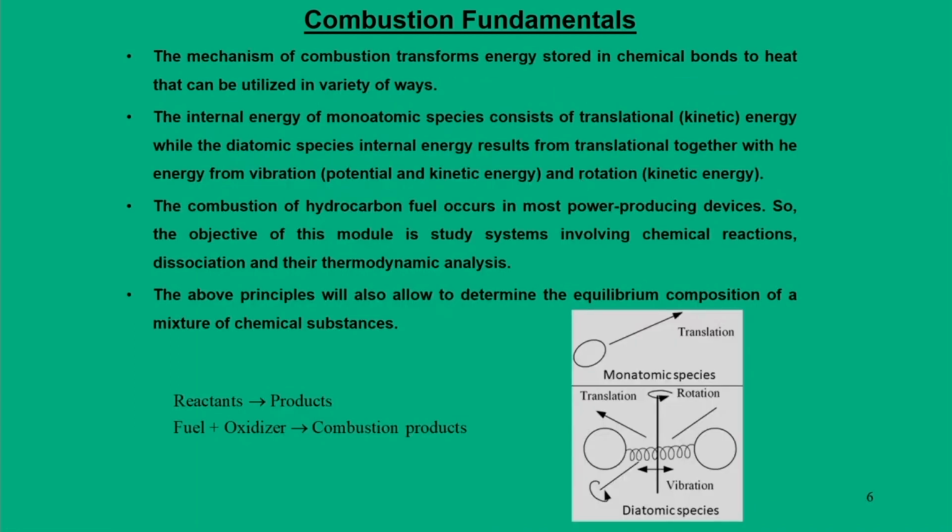Then moving to another side of the combustion process, in reality what happens? Basically fuel and oxidizer mix, they form reactants, and when there is an ignition then what happens?